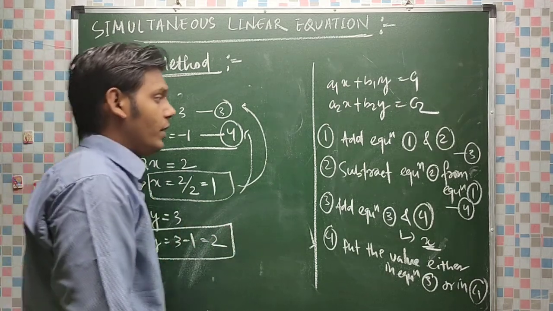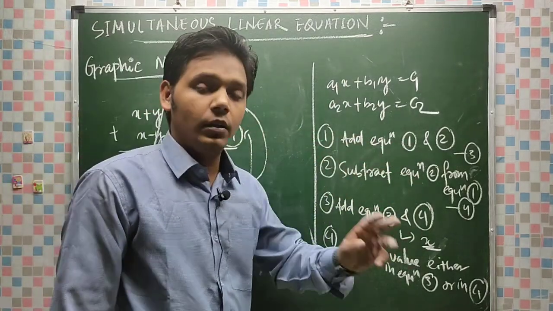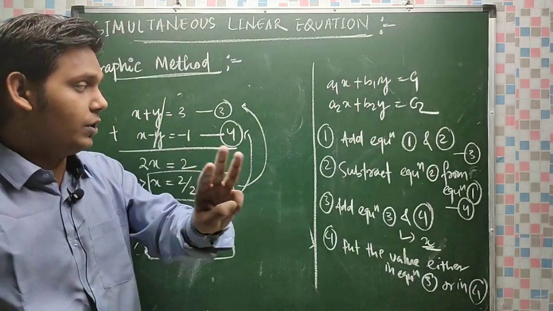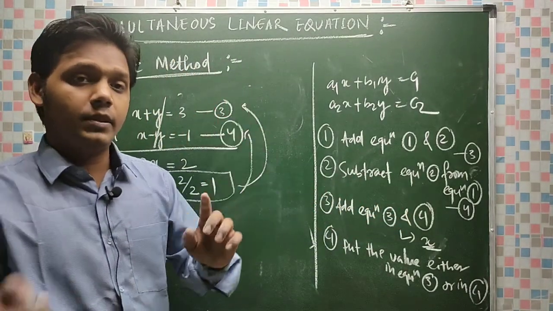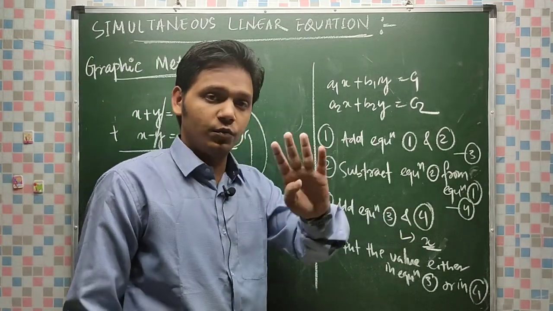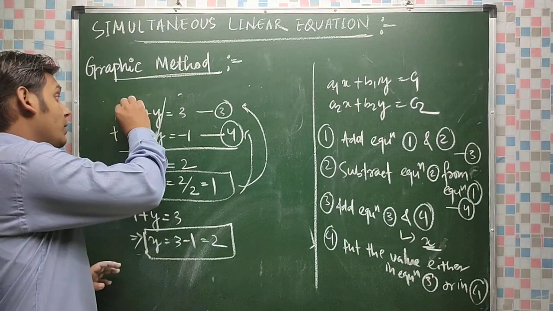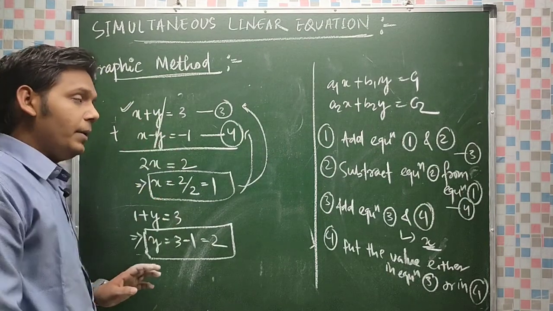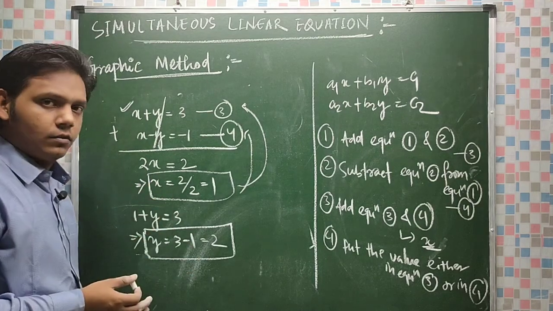So what you have to do? First you have to add the equations where the question is given, only then you will get another equation, equation 3. Thereafter, one more time you have to write and subtract the second equation from the first equation, and you will get equation 4. Thereafter simply add, because in equation 3 you will get x plus y and in equation 4 x minus y.